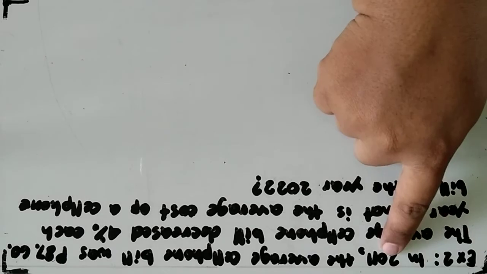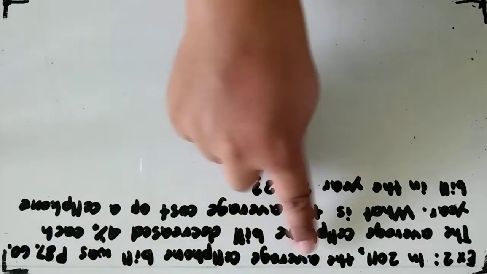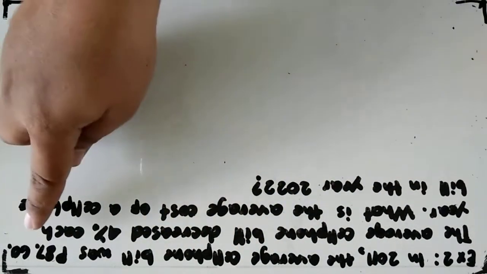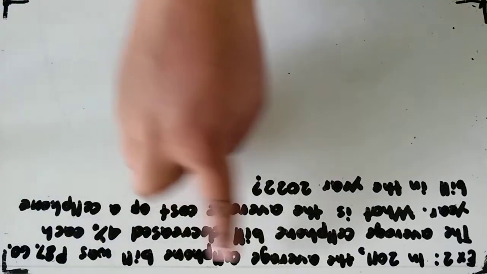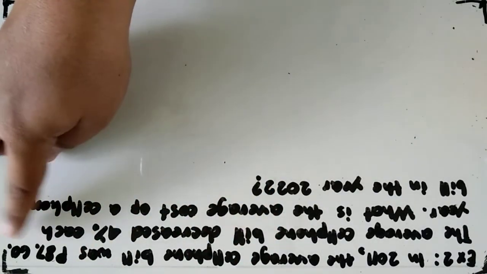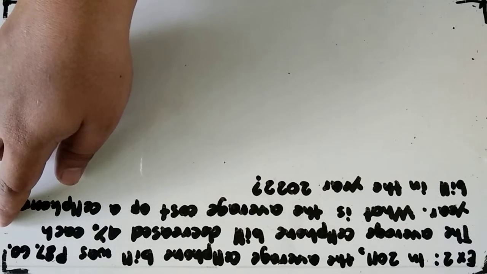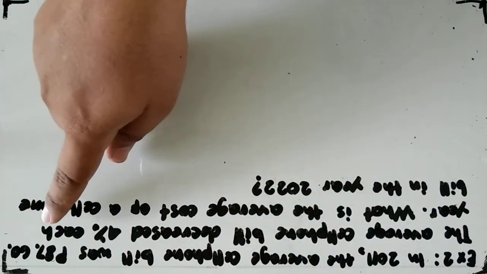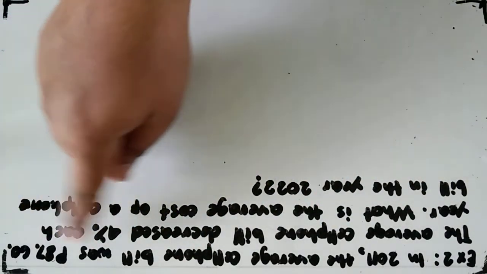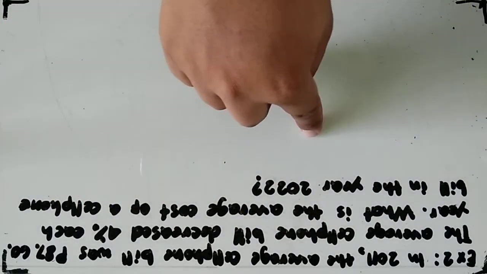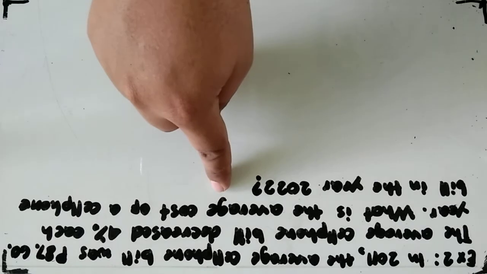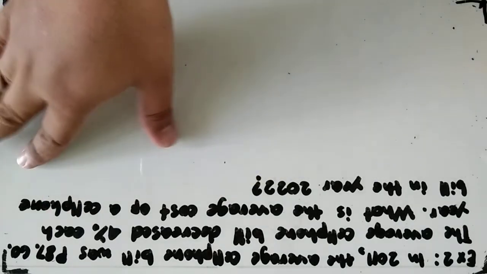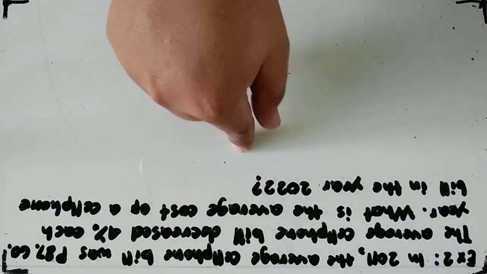So, intindihin muna natin yung problem. So, nung 2011 daw, yung average cellphone bill, ibig sabihin yung halaga ng cellphone na yun ay, on the average, ay 87.60. Pero bawat taon daw, itong bill na to ay nagbabawas by 4% bawat taon. So, ano daw yung average cost ng cellphone na yun sa taong 2022.